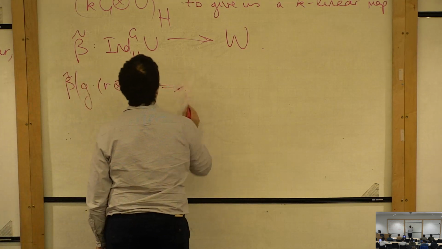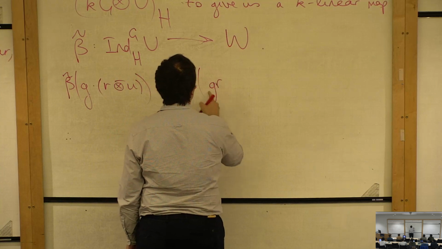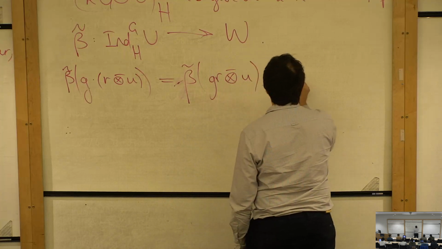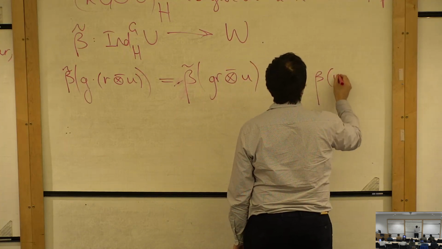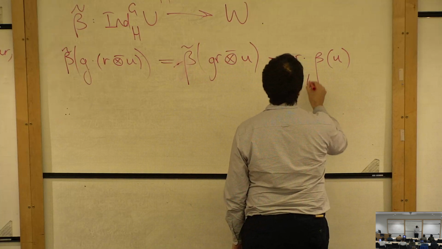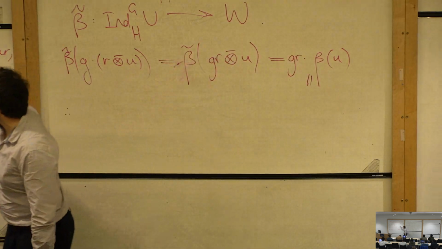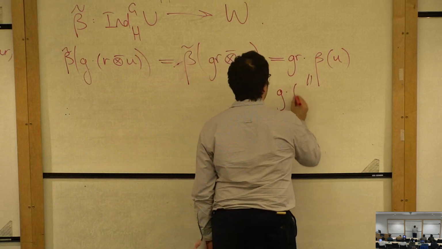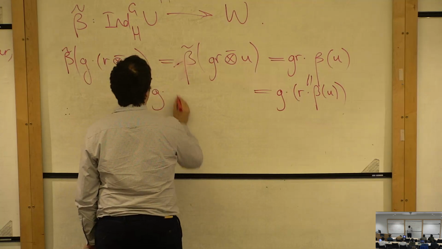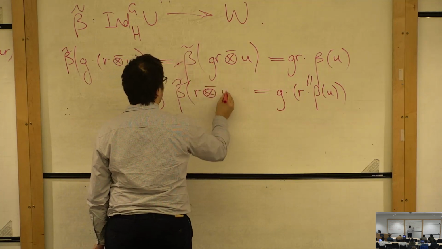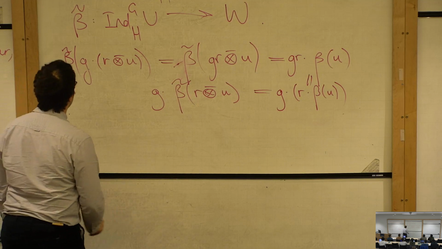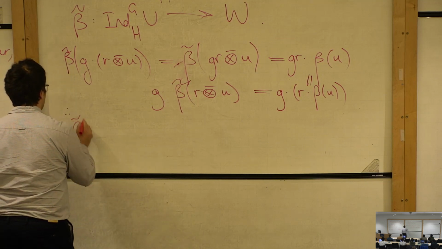So beta tilde of GR, ring product, tensor bar U. Beta tilde just acts together with applying beta to the second argument. But nothing's happened, right? This is a module because this is happening inside W, which is a KG module. This is G dot R dot beta of U. This is indeed G dot beta tilde of R tensor bar U. Shows that therefore beta tilde is KG-linear.